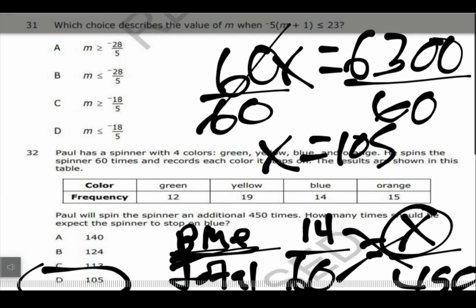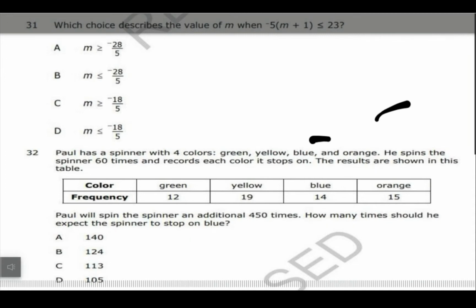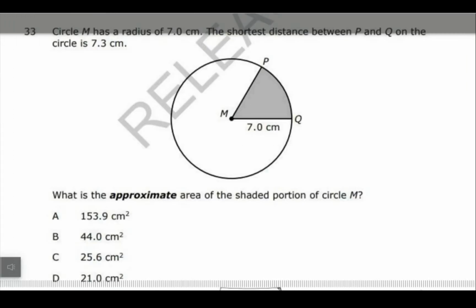All right, erase that. Let's go to 33. All right, for 33, and again, these ones are pretty difficult. We did a couple of these in class. All right, so it says circle M has a radius of 7. Shortest distance between P and Q on the circle is 7.3.